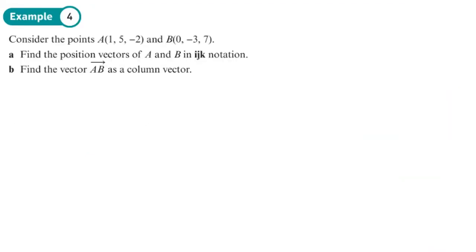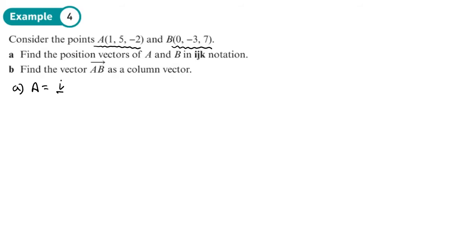Okay, so in this question here, we've got these two points A there and B, and it says find the position vectors of A and B in ijk notation. So that should be nice and easy. So A would be i. We don't need to put 1i, just like in algebra you don't put 1x, you just put x.